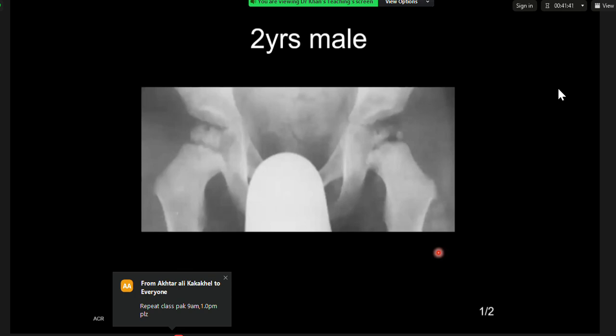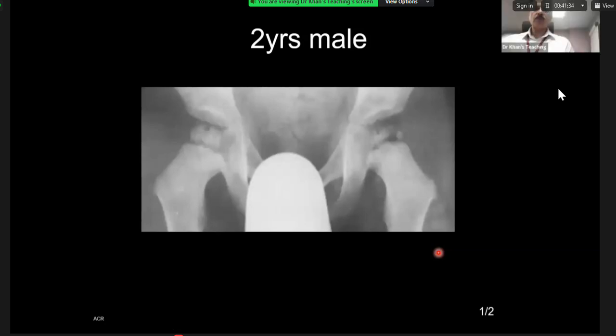My primary differential for these appearances would be avascular necrosis. So yes, avascular necrosis means Perthes disease. Should you consider it at 2 years of age? Probably not. So what's the age for Perthes? Older, but I can't remember off the top of my head.